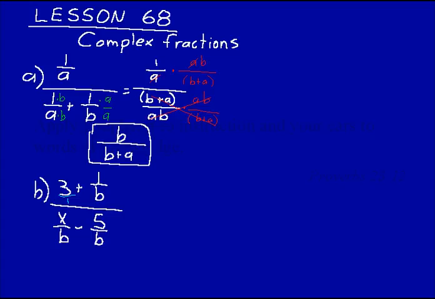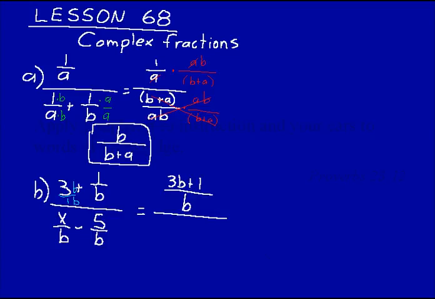So we need to multiply 3 over 1 by b over b. And so let's go ahead and change that. For the numerator fraction, our new denominator will be b, and then over 3b, or I'm sorry, 3b plus 1 will be the numerator. 3b plus 1 over b.